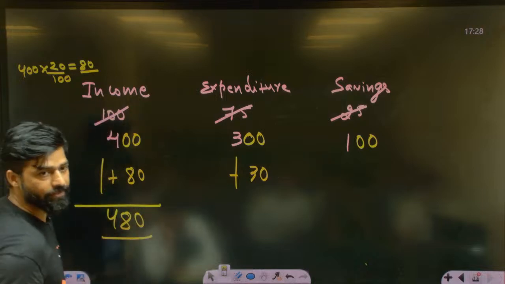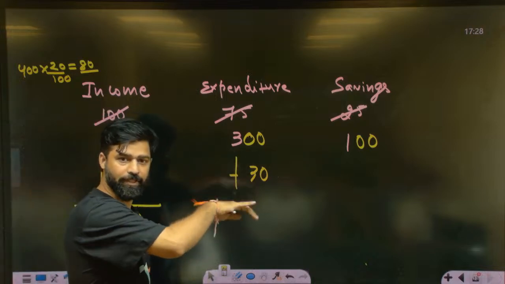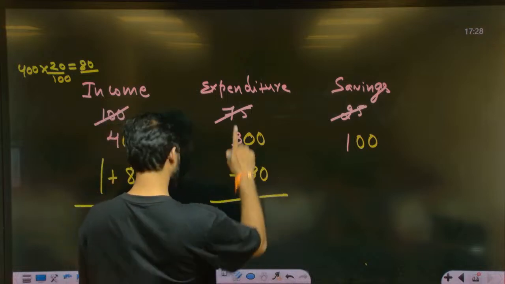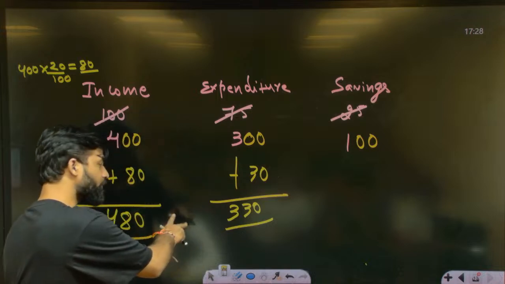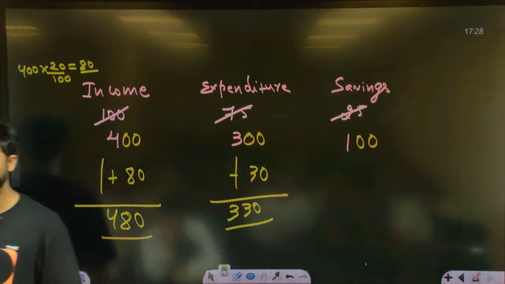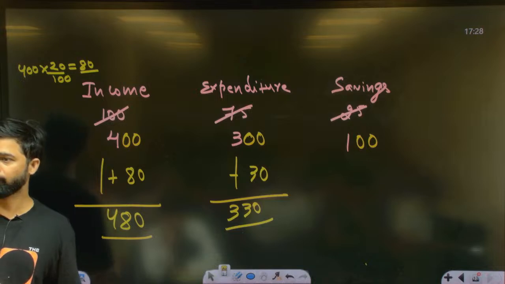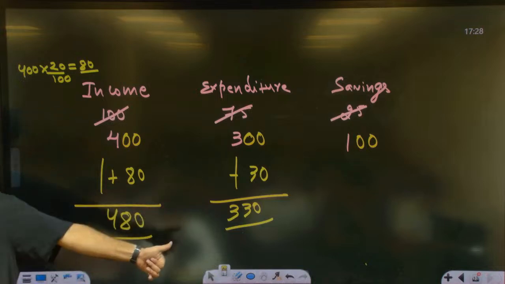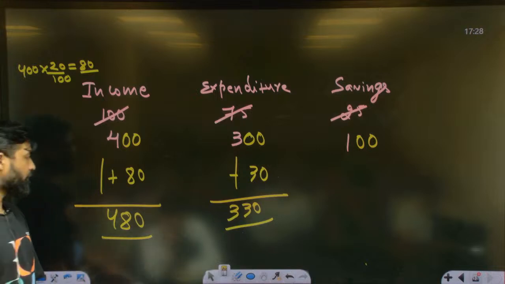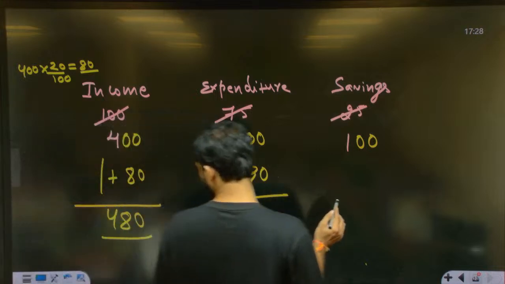And the new expenditure is 300 earlier, but it is increased by 30, so now the final expenditure is 330. The difference between these two new values will be the savings. So what is the difference? 480 minus 330 will be 150. Very good.